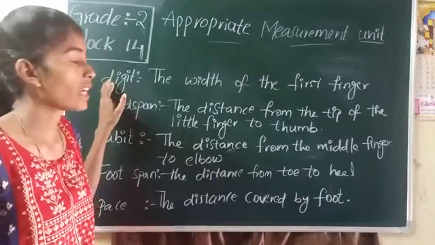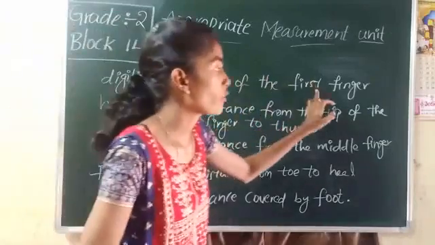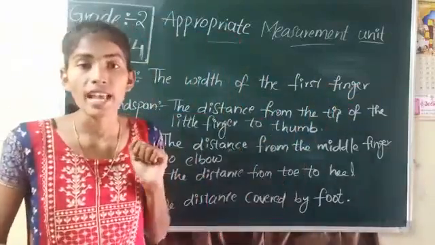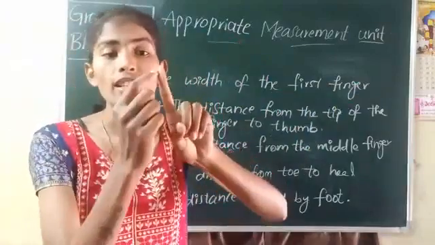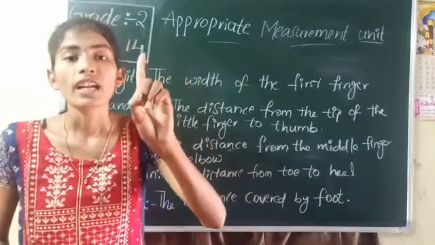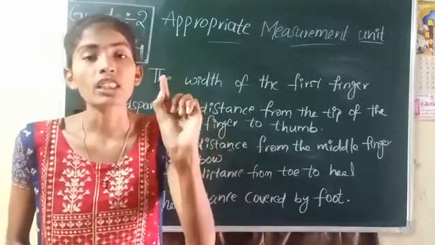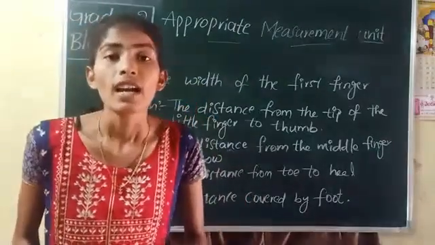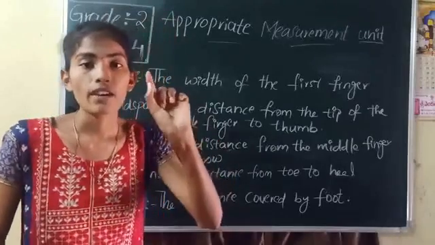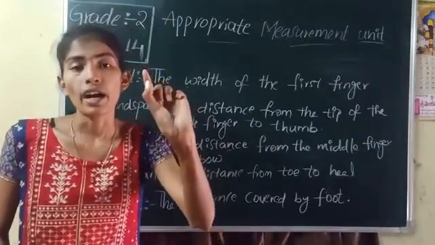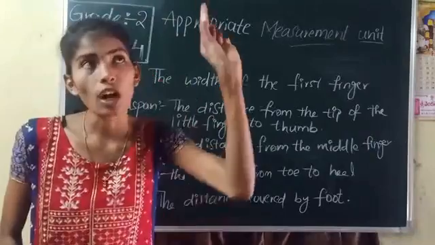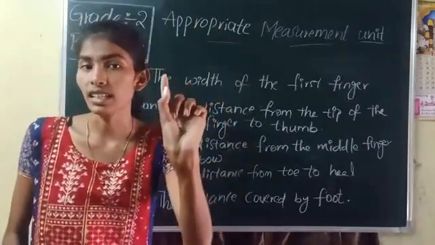So what is digit? The width of the first finger is called digit. Everyone take your first finger and check your digit. So you can measure with your digit also. But can you measure your window by using this digit?